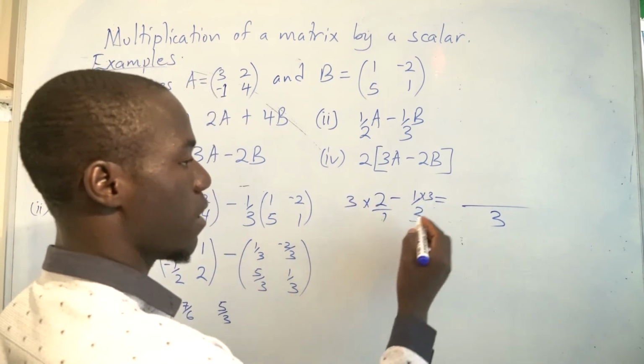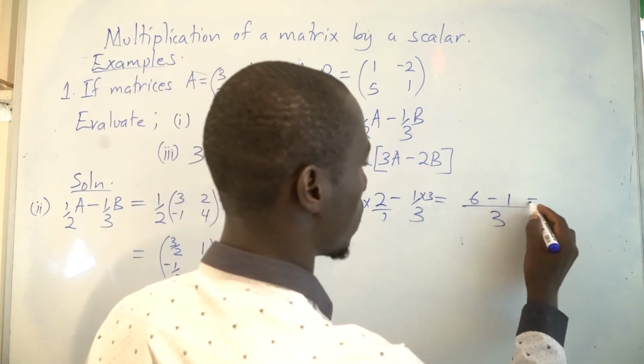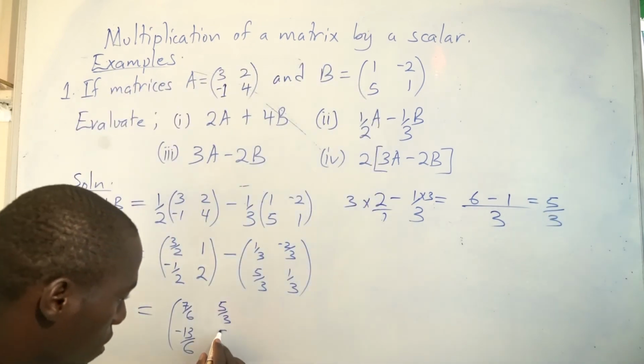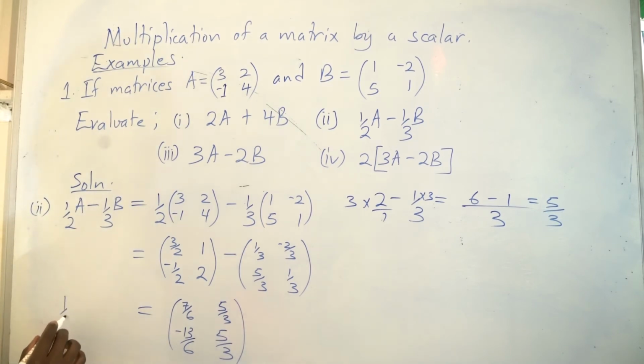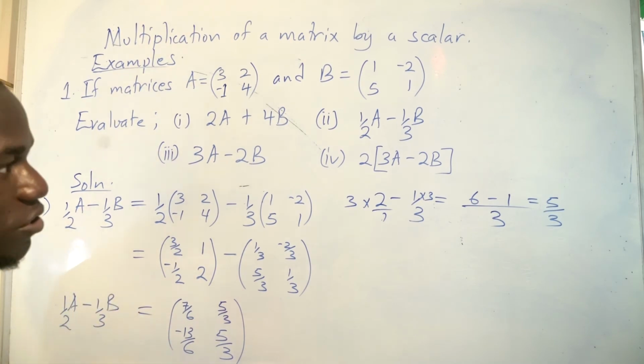So here I'm having a 6 minus a 1 to give me 5 all over 3. So this is 5 all over 3 as my a half A minus a third B. Even in matrices, we can have fractions within the matrices. That is when the elements are fractions.